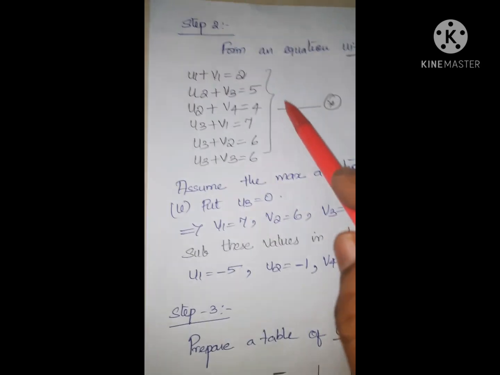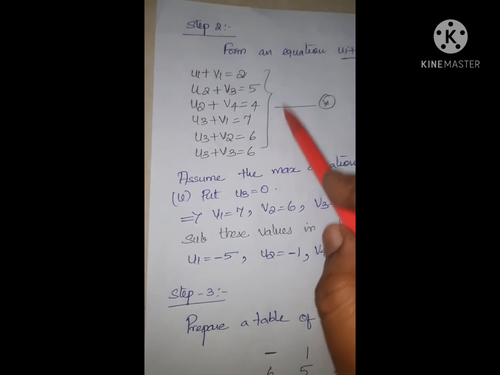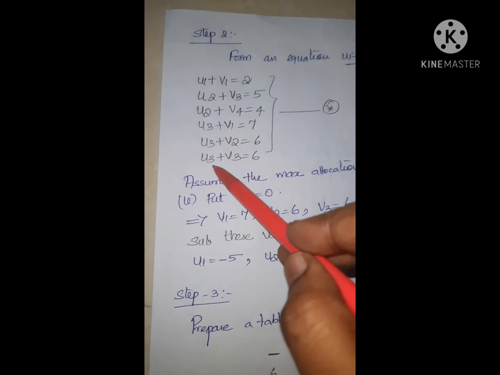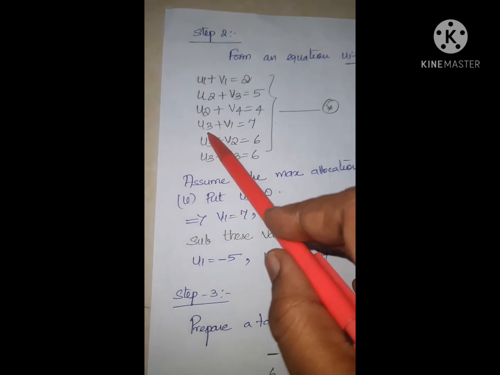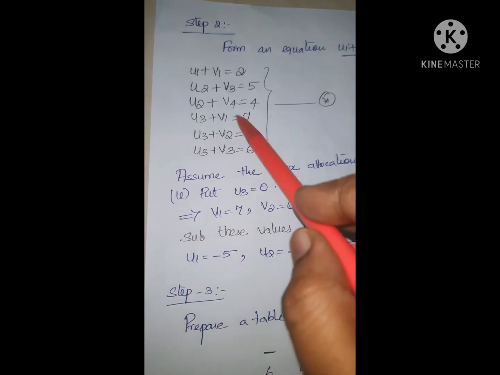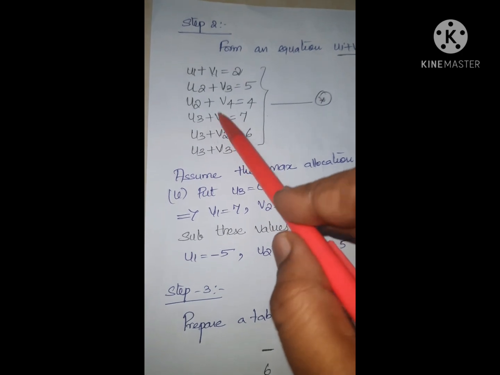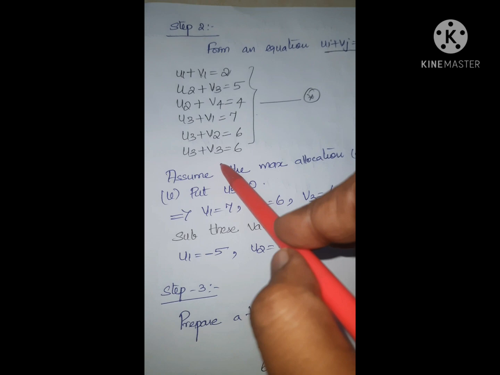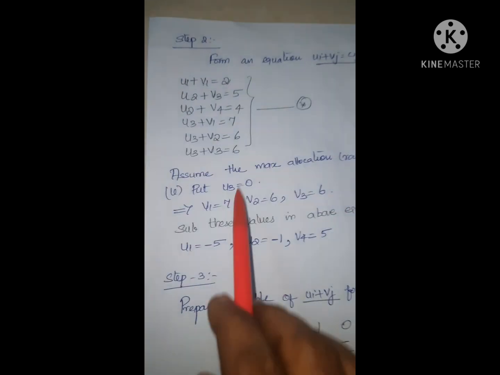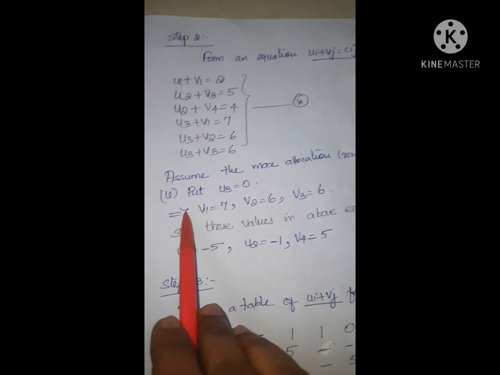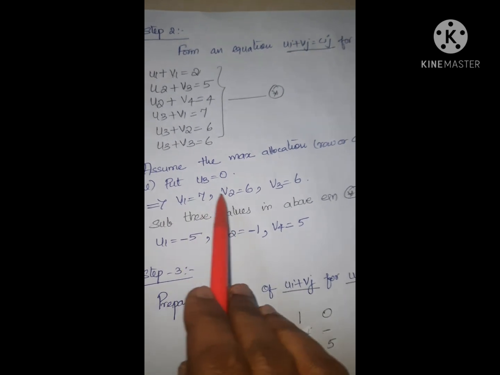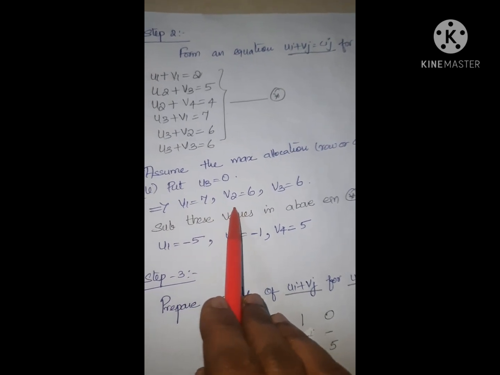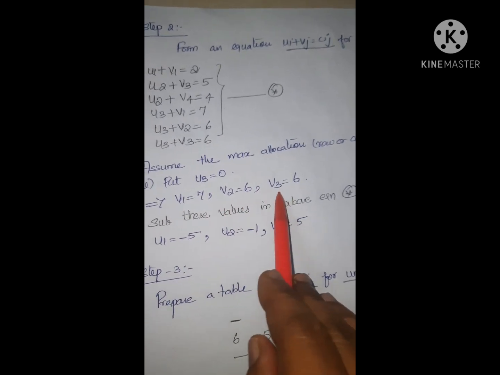So in my asterisk set of equations, wherever I have u3, the moment I put u3 as 0, we get v1 equal to 7, v2 equal to 6, and v3 equal to 6. So when we put u3 equal to 0, it gives v1 value 7, v2 value 6, and v3 value 6.